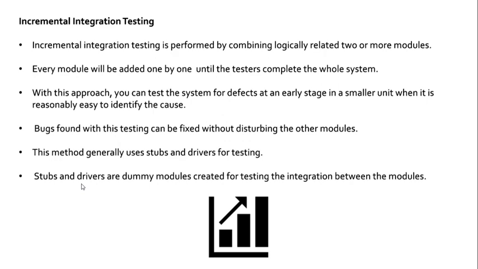With this approach, you can test the system for defects at an early stage in the smaller unit when it is reasonably easy to identify the cause. Whenever we do it initially, it is easy for us to find the defects and also fix them. Bugs found with this testing can be fixed without disturbing the other modules, since there is only one level of integration, so you can directly go ahead and fix it.